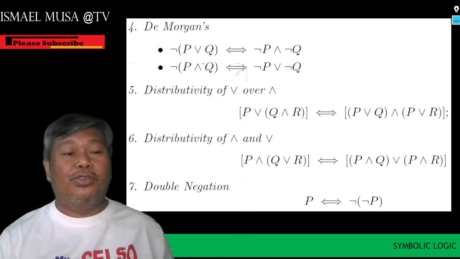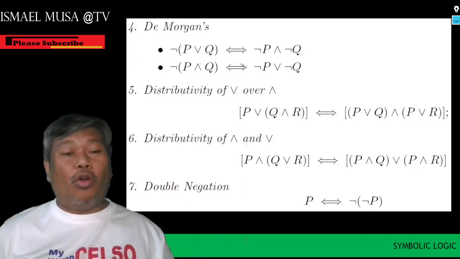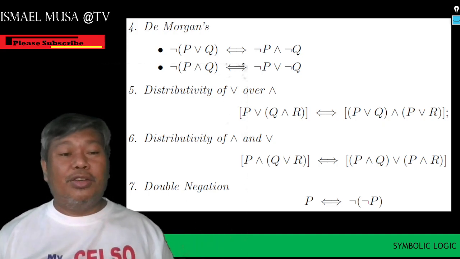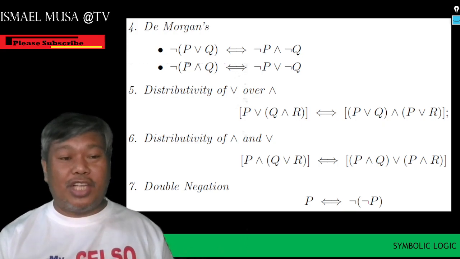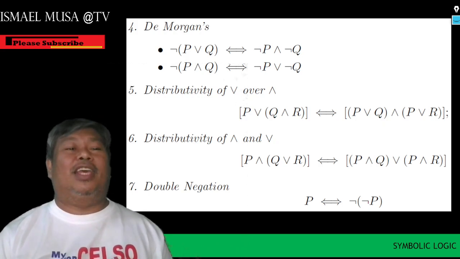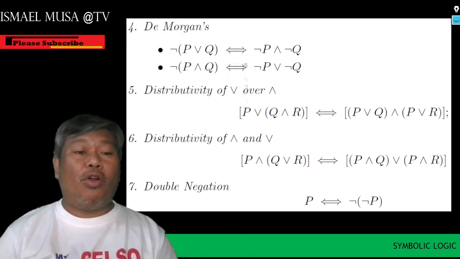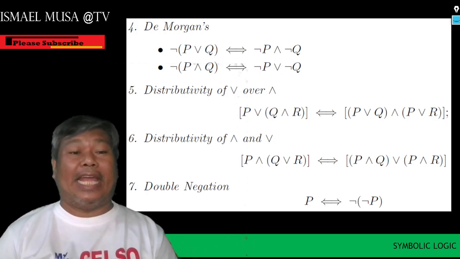The not of P or Q is the same as not P and not Q. In other words, class, when you negate an or, we have a conjunction. When you negate a conjunction, that becomes a disjunction. Okay. De Morgan's law.